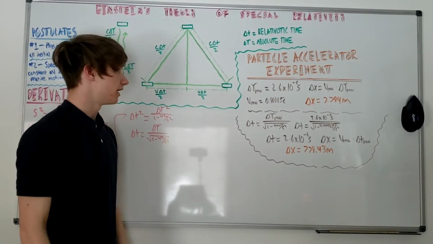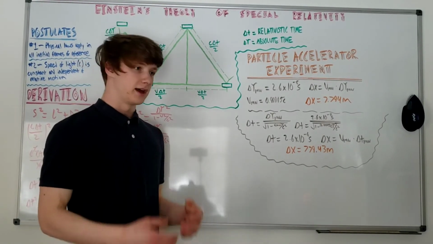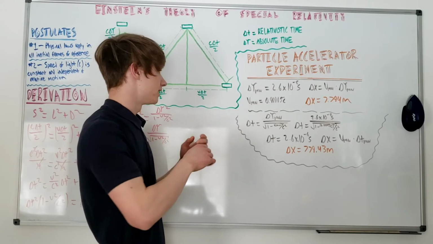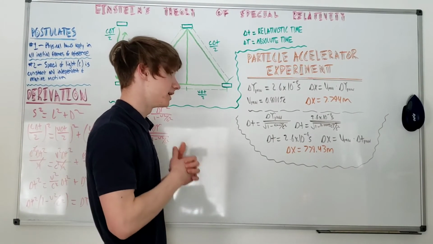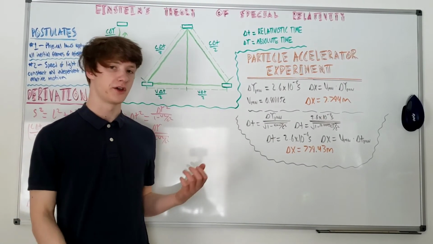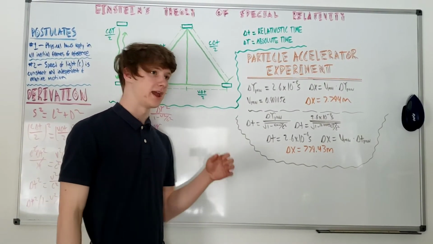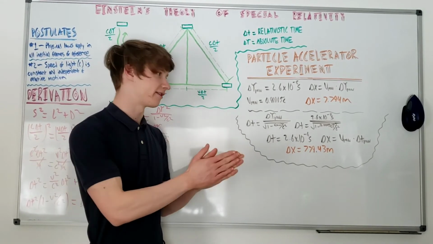To illustrate this point, I can reference a particle accelerator experiment, and I can say that a pion decays in 2.6 times 10 to the negative 8 seconds, its velocity is close to the speed of light, and its displacement is a product of its velocity and its time.